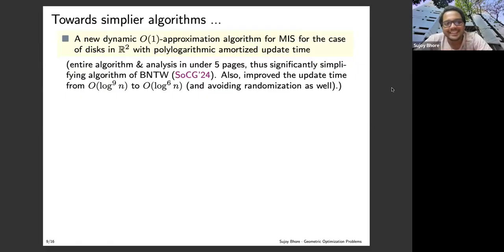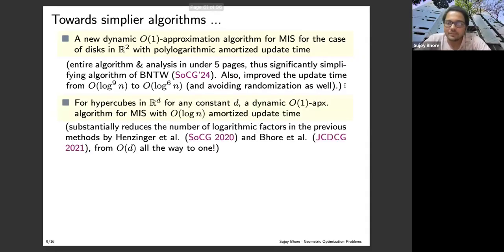I want to highlight that this whole algorithm and the analysis is within 5 pages, which significantly simplifies the previous algorithm from SOSA 25. Along the way, it also improves the update time by shaving some log factor. So this is even faster. It avoids the randomization completely. So this is better in that sense.